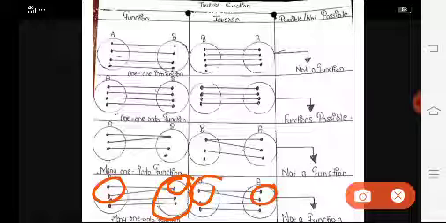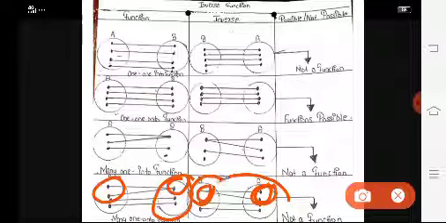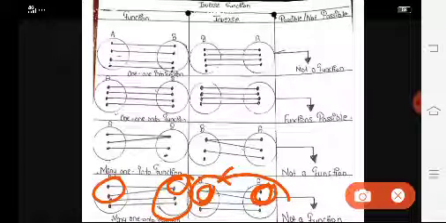A relation from A to B is said to be a function if every element of A is associated with a unique element of set B. So if we want to take a function from B to A here, this element is associated with more than one element. So if a function is many-one onto, then also we cannot take the inverse function.